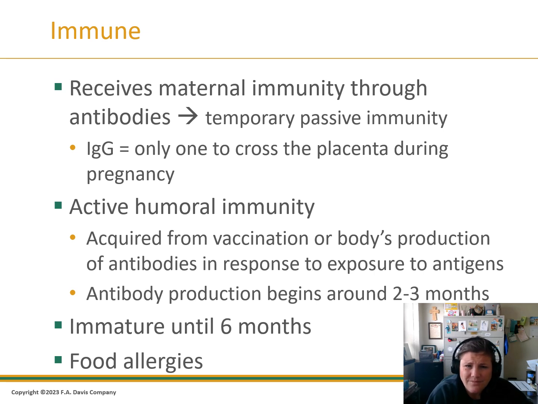Another element that tends to surface in this first year of life is food allergies. There was an opinion that we should delay exposure to foods that are likely to be allergens for babies because the longer it is before they encounter them, the less chance of them having an allergic reaction. And now your book even says that there's no evidence to support that.